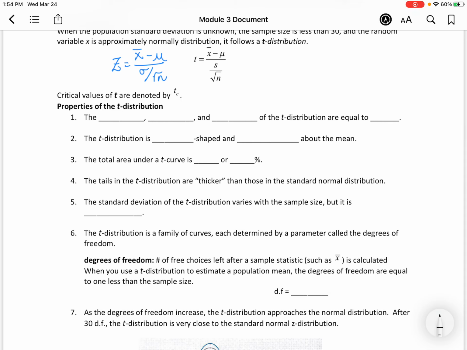The total area under a t curve is 1 or 100%, again, just like the z distribution. The tails in the t distribution are thicker than those in the standard normal distribution. And so you'll notice in this picture down here when we get to number 7 what I mean by that. The standard deviation of the t distribution varies with the sample size.